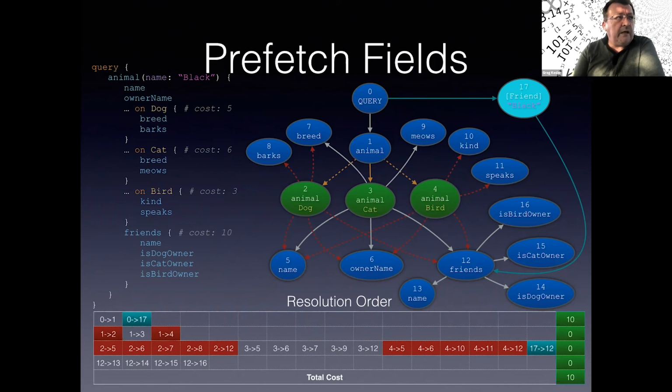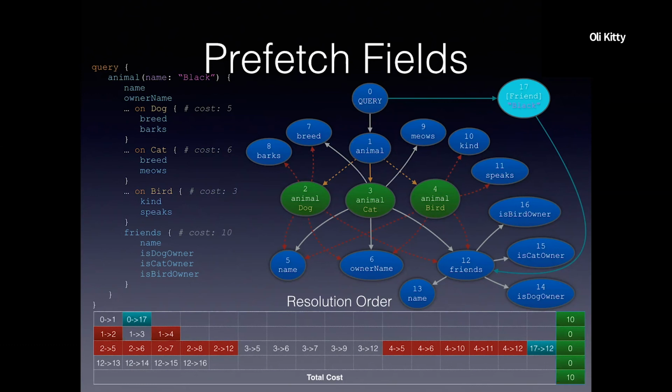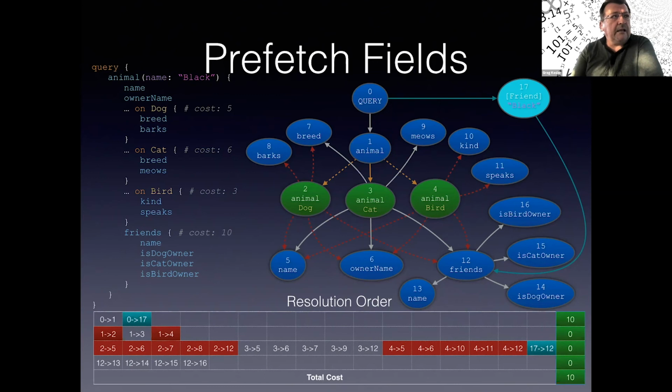We can create a new vertex in the plan that would be associated with the data for the friends of the animal with name black, and we can basically place it in the same selection set as the animal field.